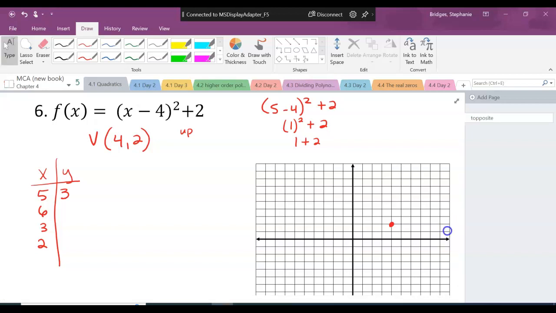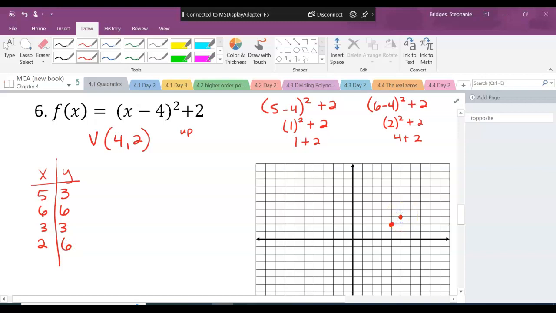I'm going to plug in 6. 6 minus 4 squared plus 2. That's 2 squared plus 2. So that's 4 plus 2, which is going to give me 6. What did I get when I plugged in 3? 3. And when I plugged in 2? 6. Okay, so now I can plot those points again.